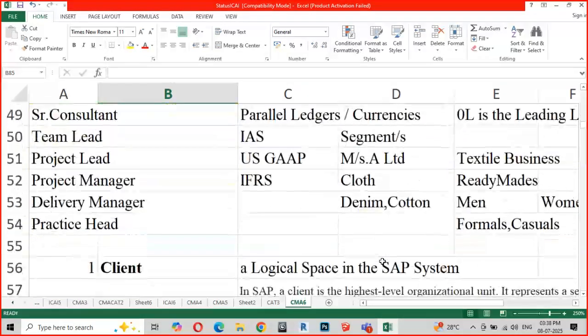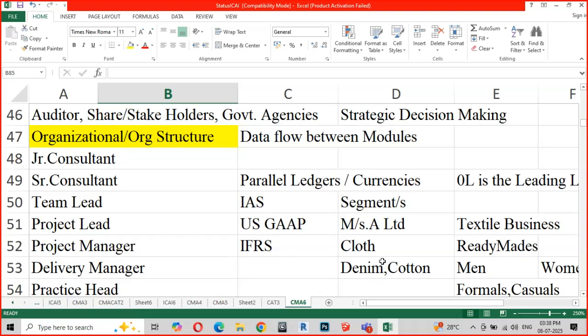Sir, there is one more interesting question. Student Anish is saying, sir, can you share your SAP journey as your career path? Yeah, sure. I'll do that.